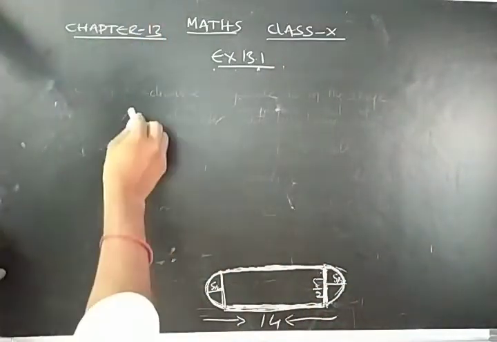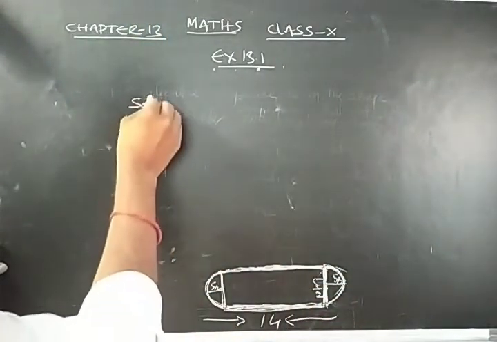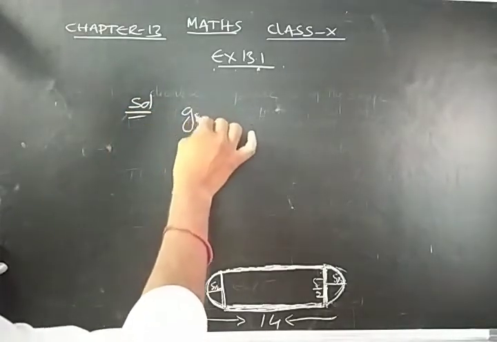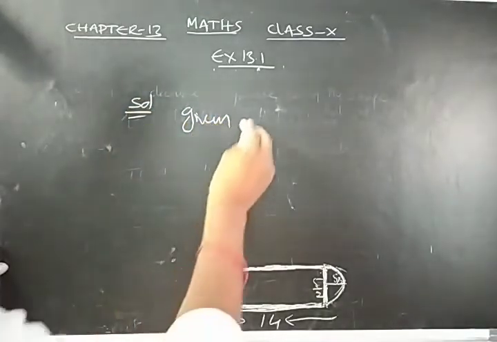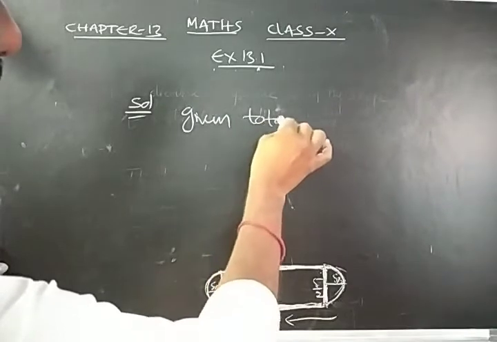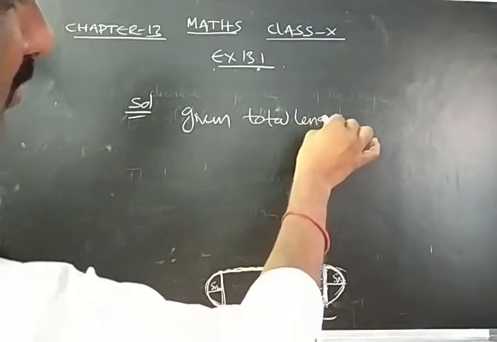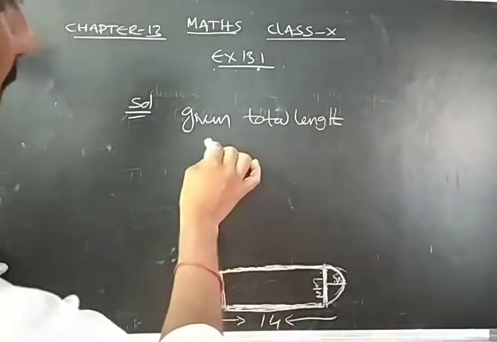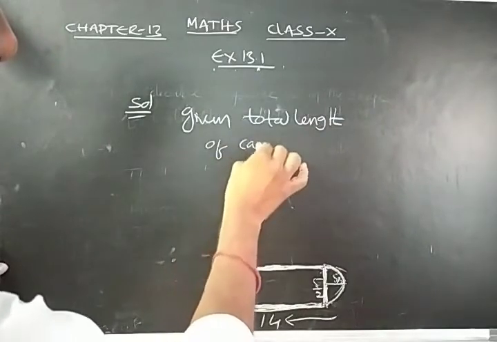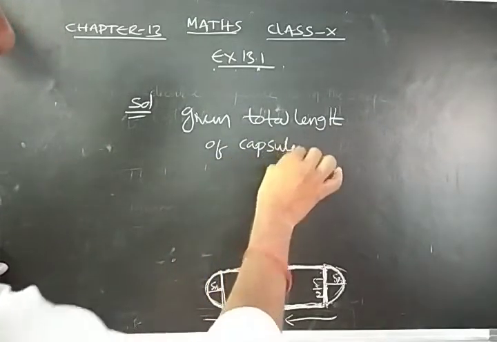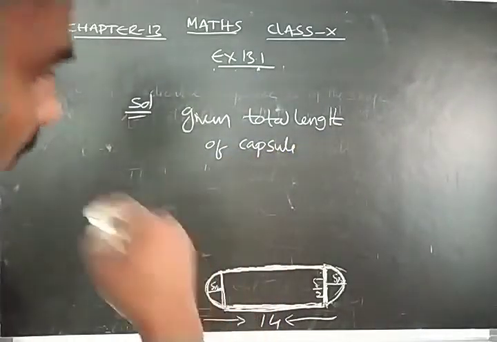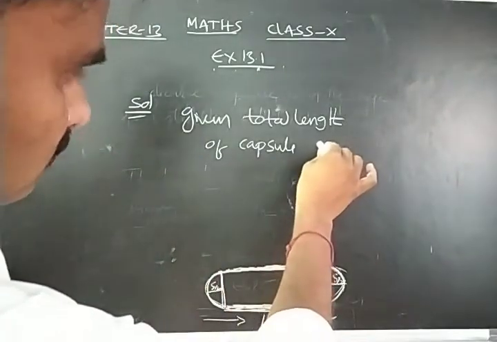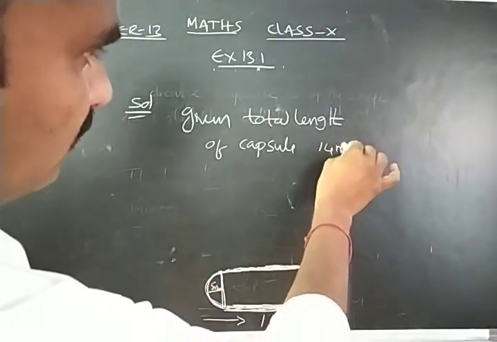First write down the given. Total length of capsule is 14 millimeters.